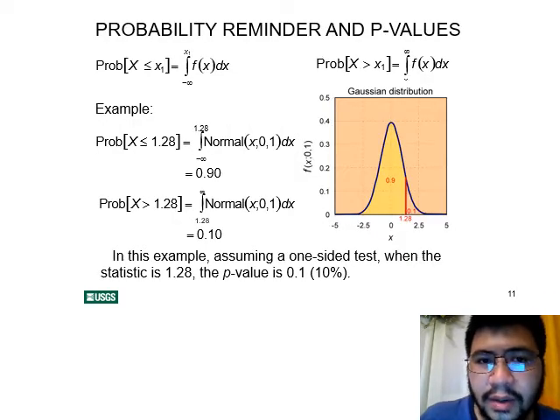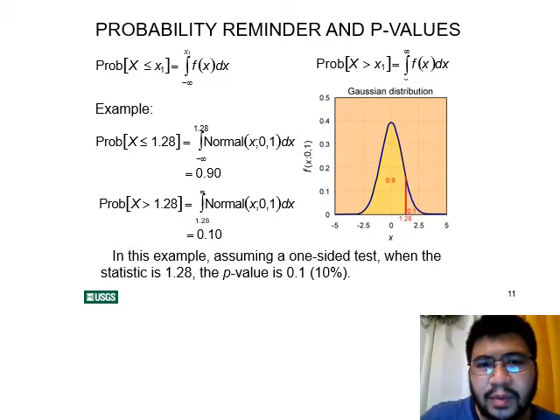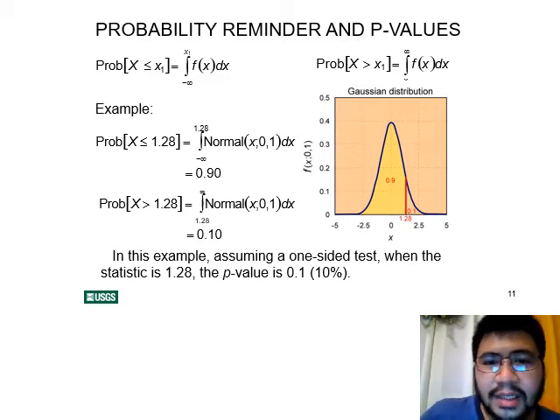All right, now let's have a review on the probability and the p-values. Here we are comparing two means, so we use the normal distribution, which is also called the Gaussian distribution.